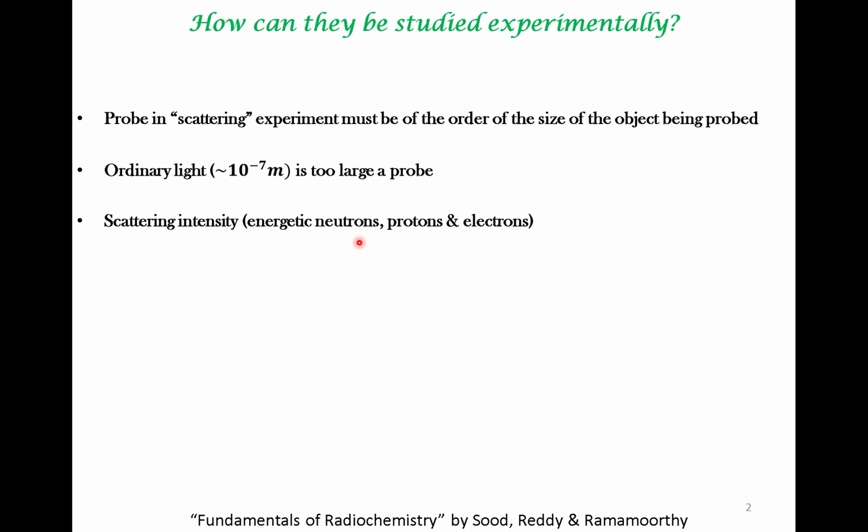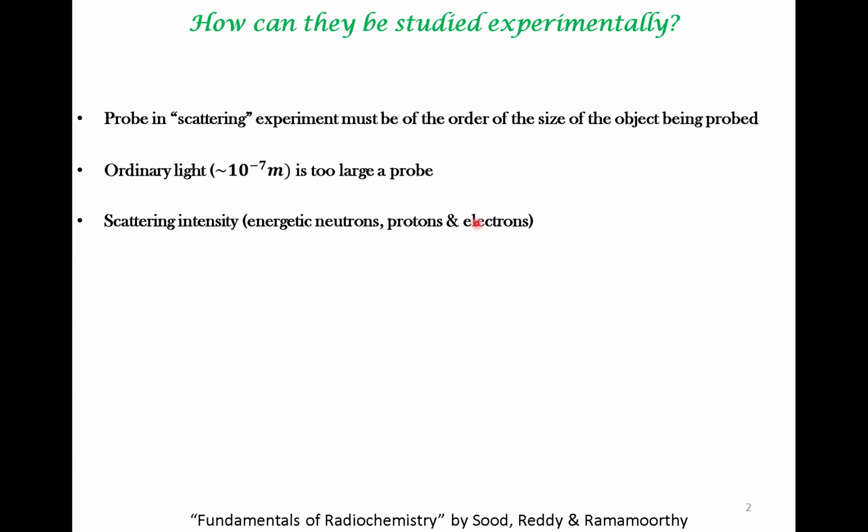Neutron has a disadvantage too. First, it's not very easy to change the energy of neutron in a controlled manner because it's neutrally charged. And the second disadvantage is that the interaction between the neutron and the nucleus is not that well understood.